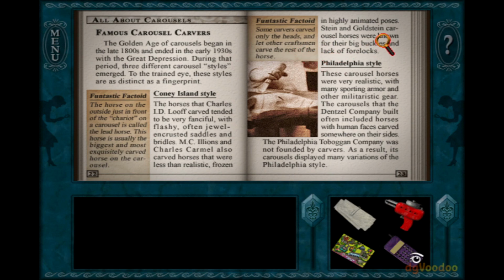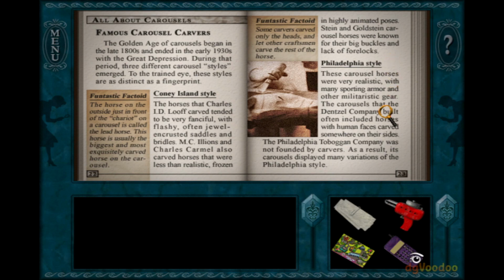Okay, then there's the Philadelphia style. These carousel horses were very realistic, with many sporting armor and other militaristic gear. The carousels that the Dentzel Company built often included horses with human faces carved somewhere on their sides.